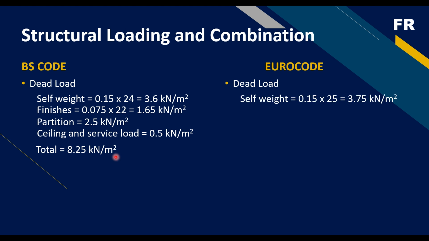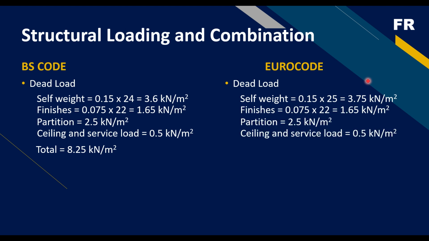Here we're also going to consider the self weight of the slab, but the only thing you notice here is that the density of concrete here is 25. This is because the Eurocode tends to increase the density of reinforced concrete by 1. So instead of 24 here is now 25. So this increases the self weight to 3.75 kilonewton per meter square. Other things remain the same: finishes, partition, and service load.